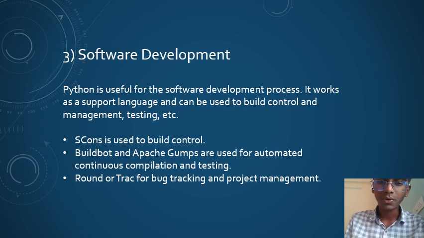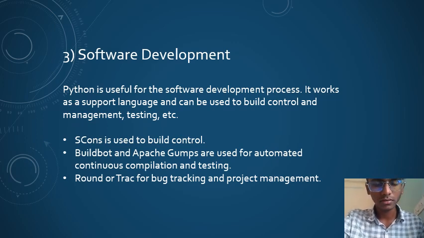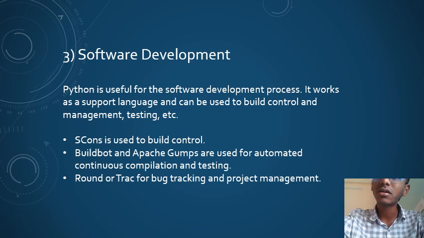It works as a support language and can be used for build control, management, testing, etc. Nowadays software development is rapidly increasing, and Python is one of the major supporting languages in the software development process.